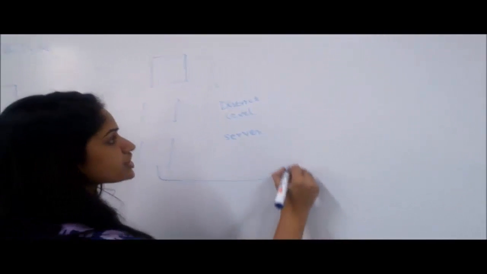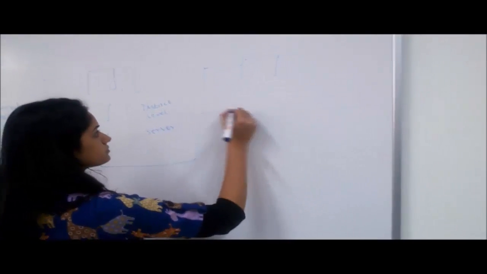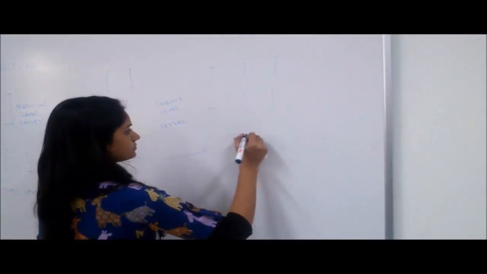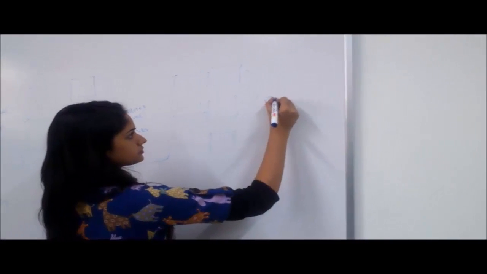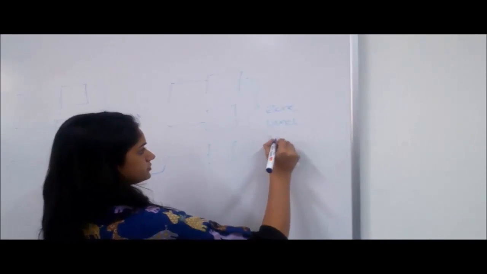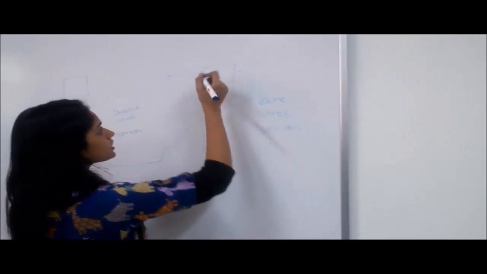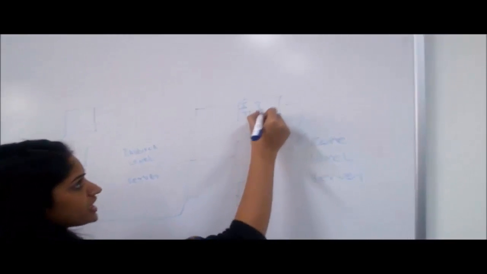From here, it reaches the zone level server via optical fibers. Here, the internet as well as telephone exchange takes place.